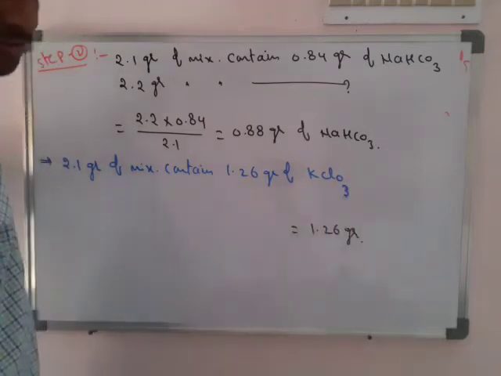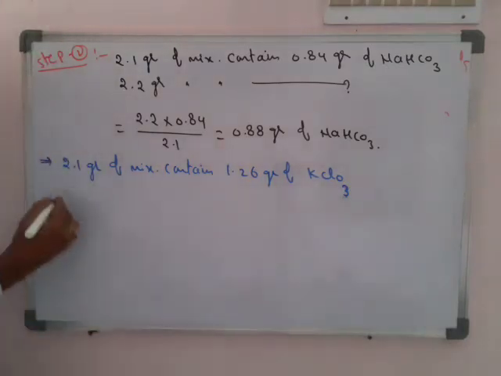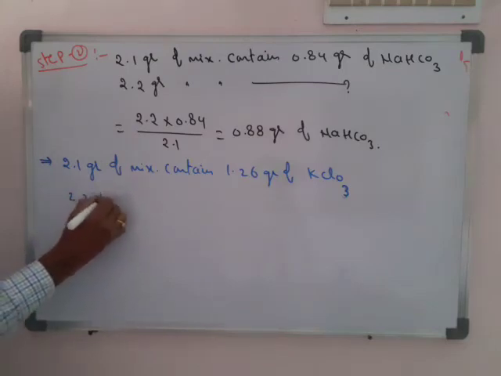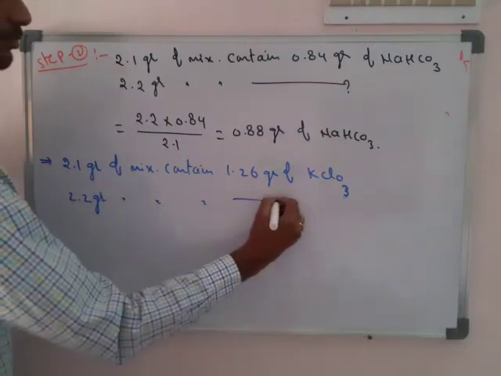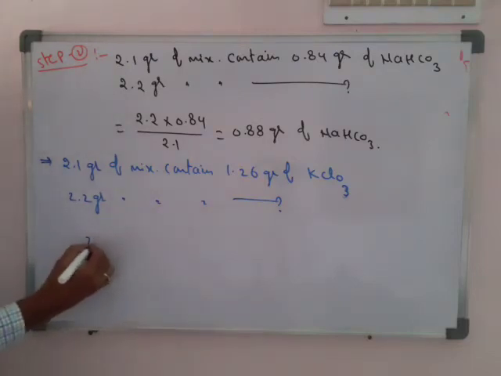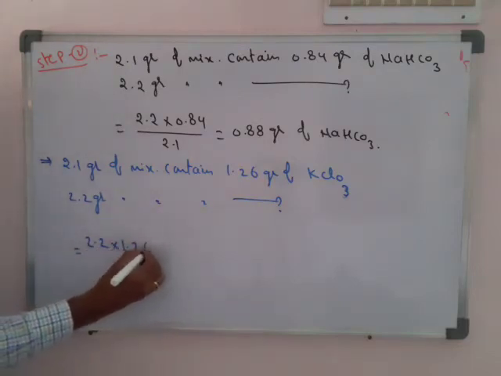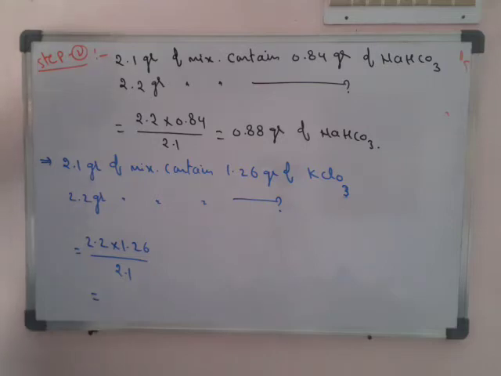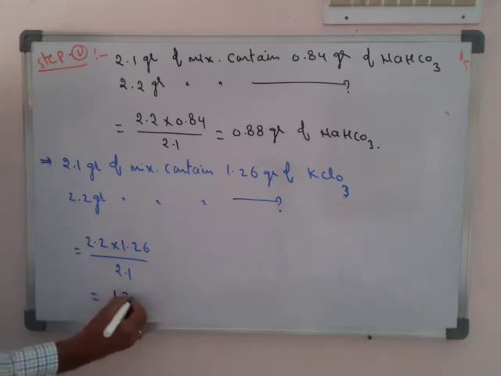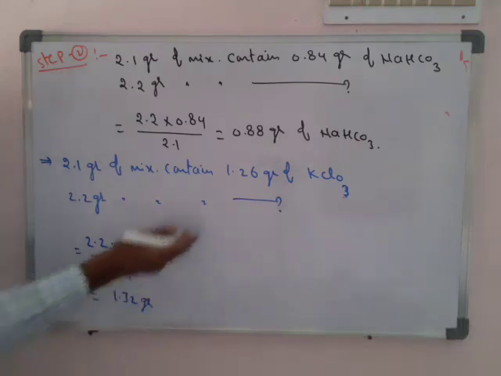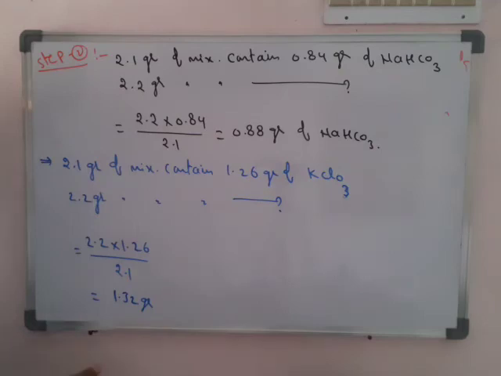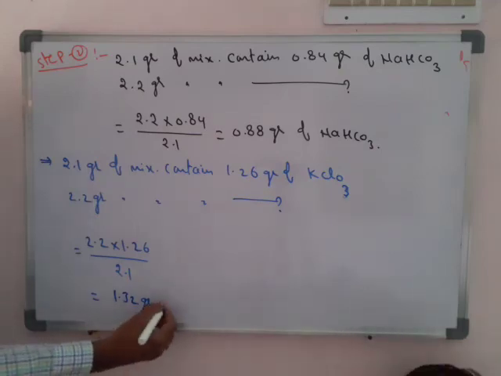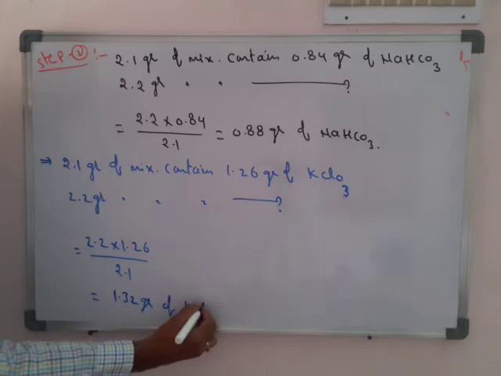We have to find it for 2.2 grams. So here it will be 1.32 gram. 1.32 is nothing but 2.2 minus 0.88, we also get this. So this much gram of KClO3.